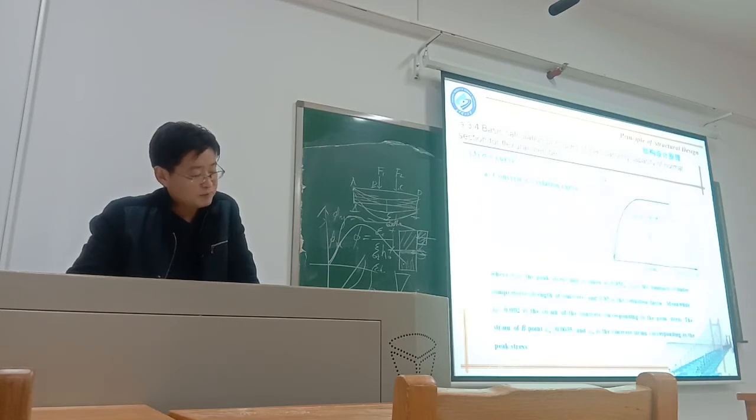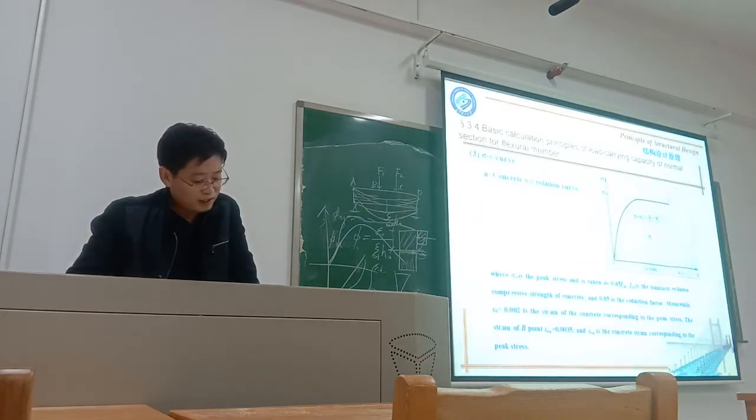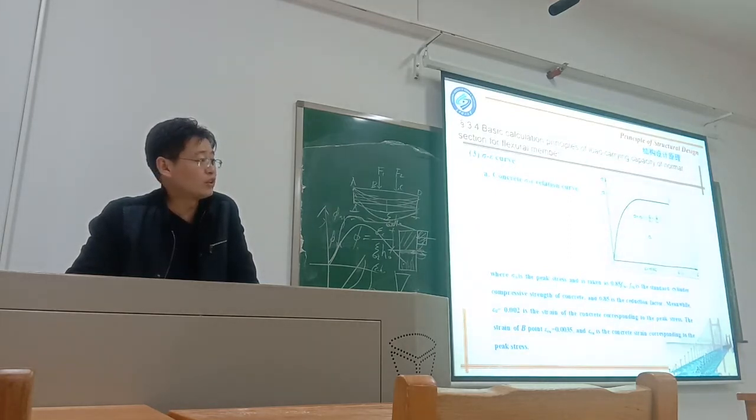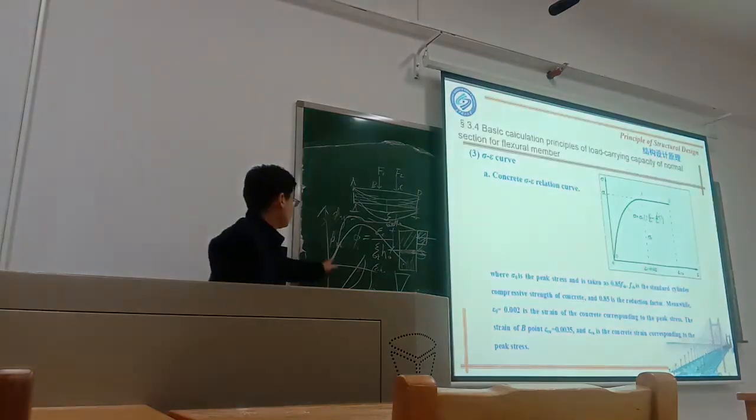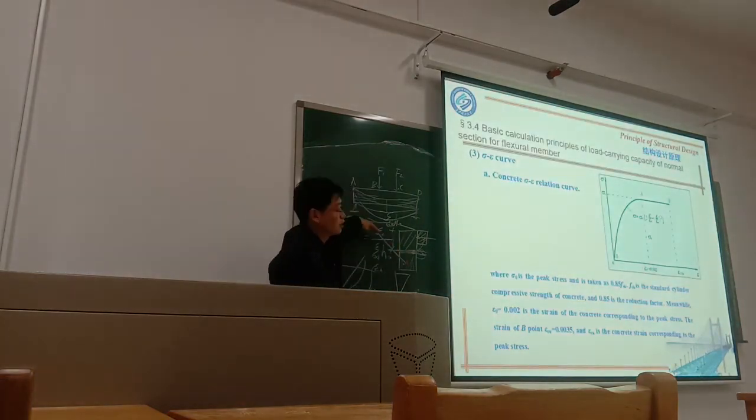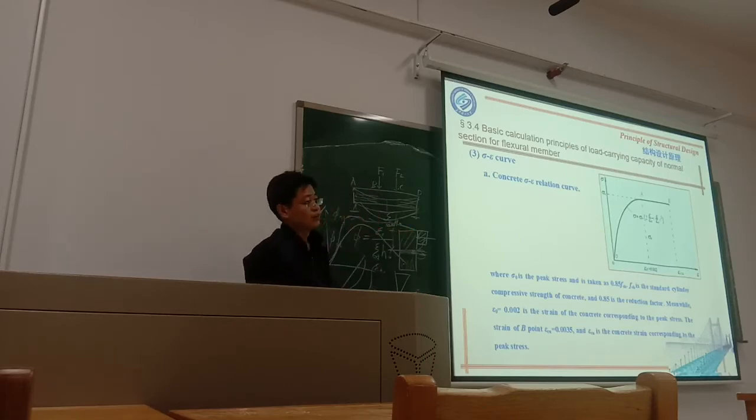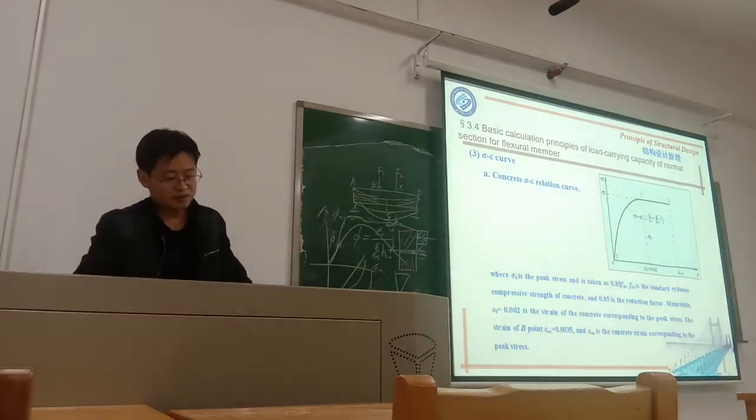It's like this: the first part uses a parabola, and the end uses the horizontal line. If they don't consider the descending part, just use the horizontal line. So it's simple.